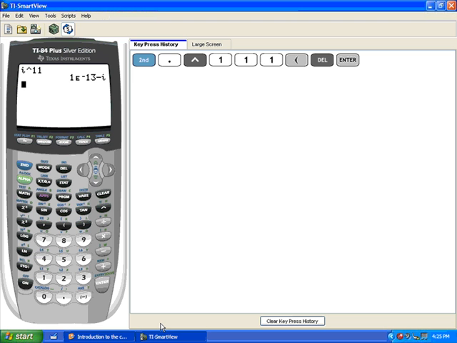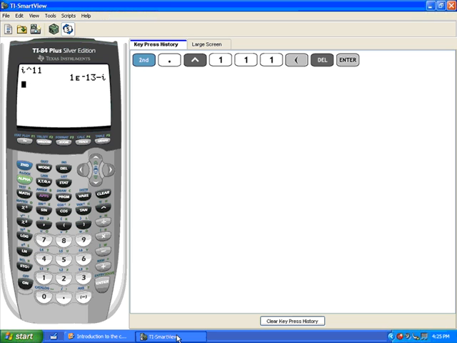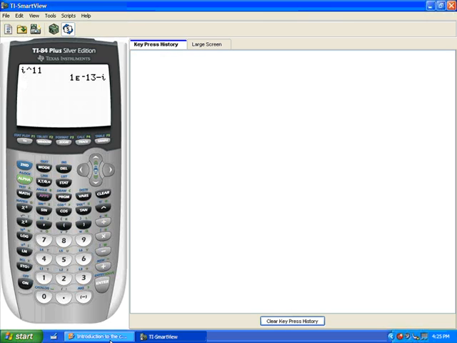We can do the 11th power on our own. Take the 11, divide it by 4. 4 goes twice. Remainder of 3, third power, that's a negative i. So i to the 11th power is negative i. We were actually able to do it by hand much better than the calculator, weren't we? Didn't think it would have problems with it that quickly.